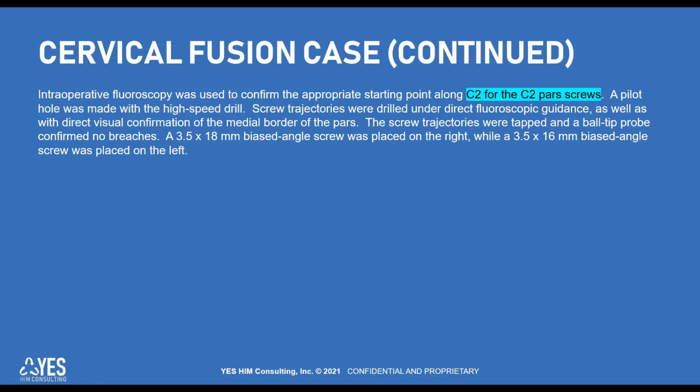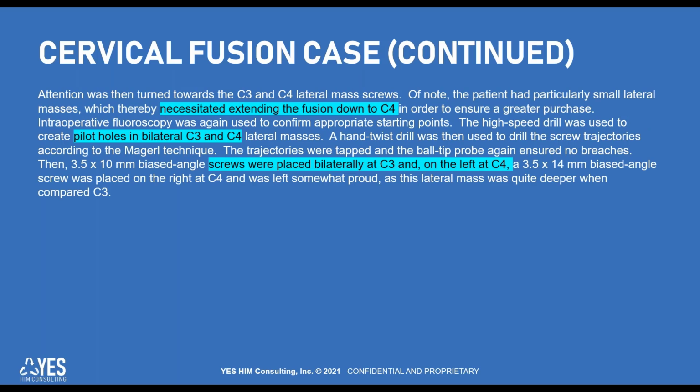Screw trajectories were drilled, and they were tapped, and a ball tip probe confirmed no breaches. And then they note that the patient had particularly small lateral masses, and that necessitated extending the fusion down to C4. So maybe prior to this case, they hadn't planned to go down to C4, so that's important to note.